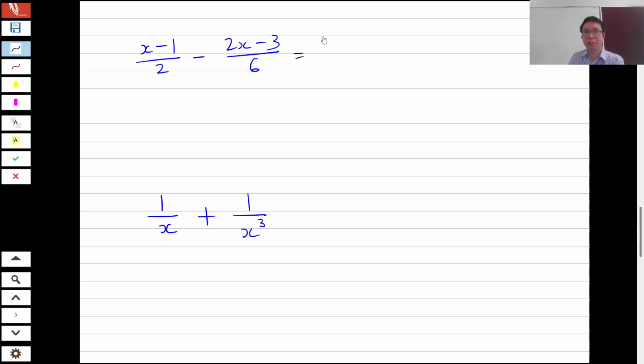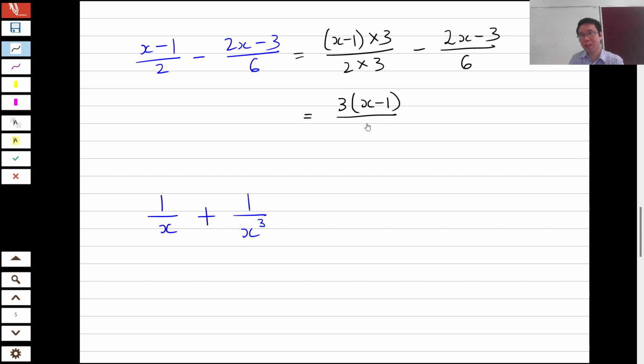So I just need to multiply the first fraction by 3 on top and 3 on the bottom, and I can actually keep the second fraction exactly the same. So I'm going to have 3 bracket x minus 1 over 6 minus 2x minus 3 on 6.